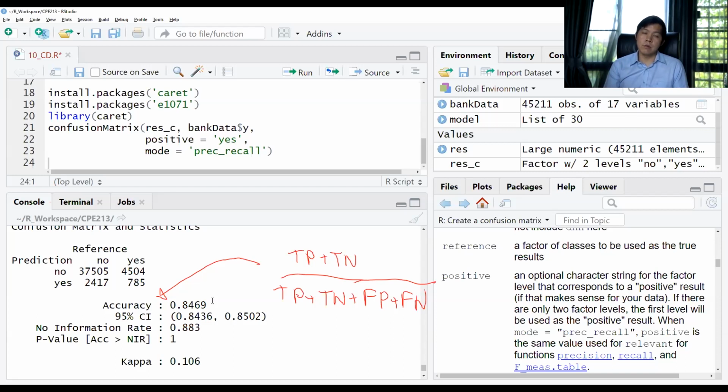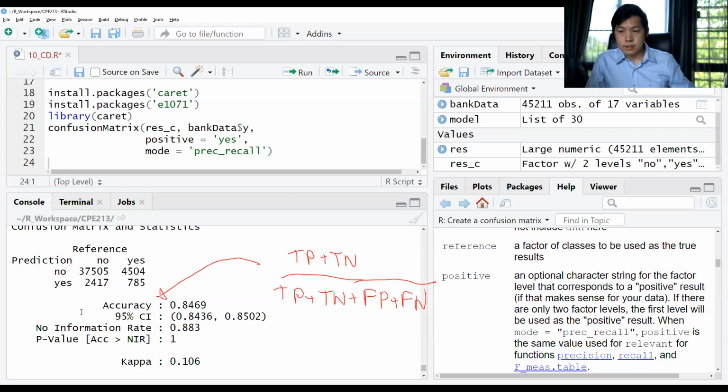So you get the true cases divided by the total number of cases, and that's the accuracy. What is the problem with accuracy? We will take a look at this problem later on in our last lecture on evaluation.